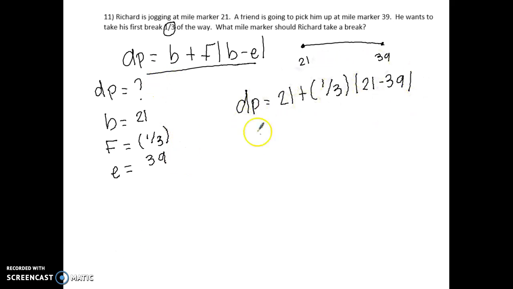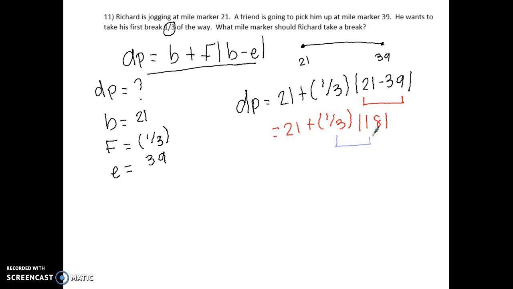Alright, now that we have replaced what we have, we know to do the absolute value first. So 21 minus 39 actually gives us -18. But since it's absolute value, we're going to say it's +18. We're going to drop down everything else, plus 1/3. So next up is to multiply the absolute value and the fraction.